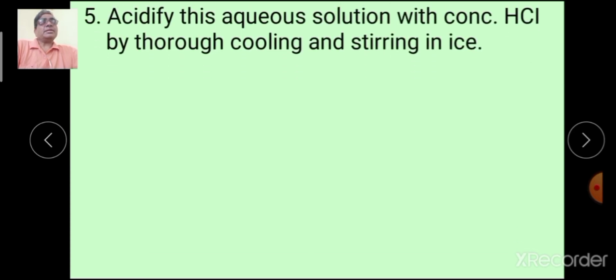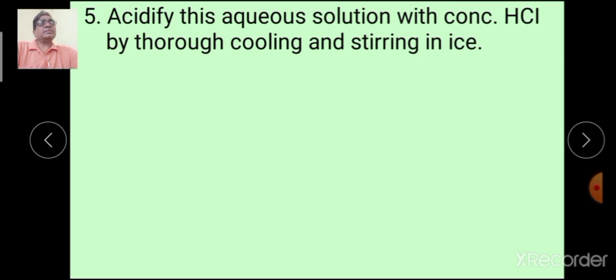Then acidify this aqueous solution in the flask with concentrated hydrochloric acid by thoroughly cooling and stirring in ice. Okay, that is, you have to cool the flask in the ice.